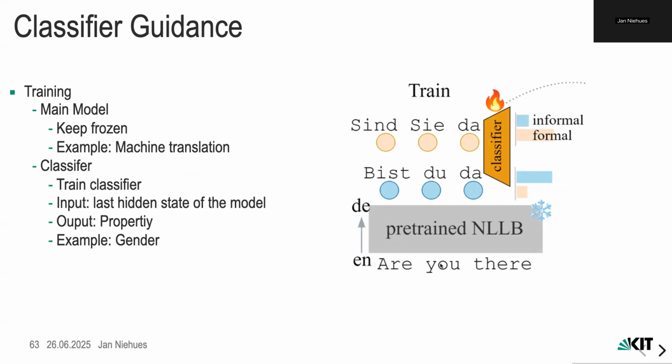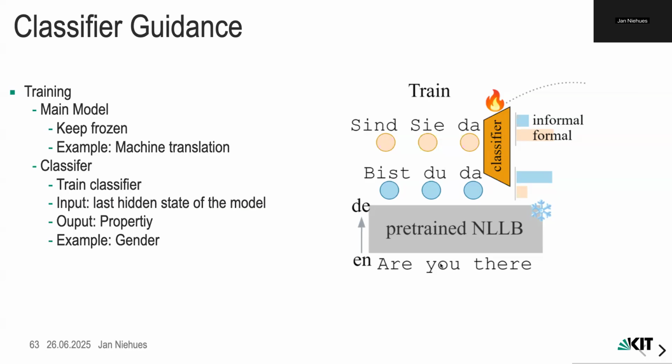Then what we do is an additional thing. That is the main motivation: we want to work on the hidden states, but not retrain these models. We can train a classifier on your top hidden state, which says whether this is formal or informal. We have two examples: the first one is more formal, and the second one is more informal.